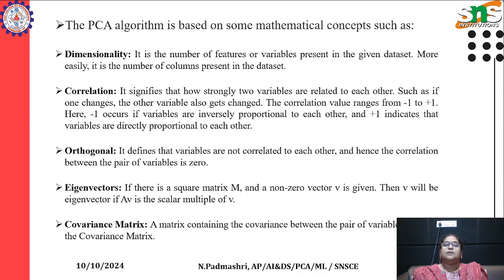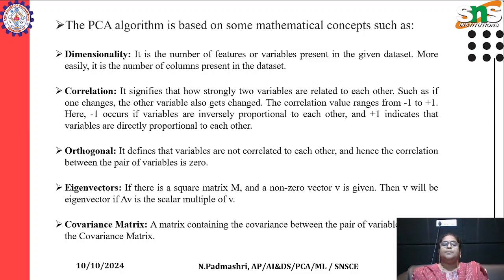Correlation signifies how strongly two variables are related to each other. Correlation ranges from -1 to +1. -1 occurs if variables are inversely proportional to each other, and +1 indicates variables are directly proportional to each other.